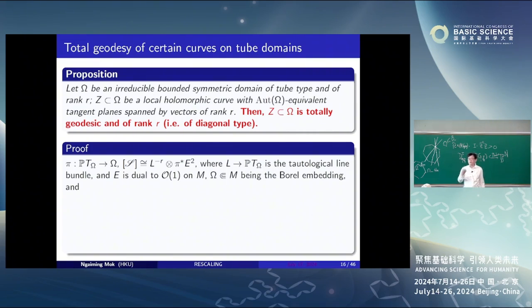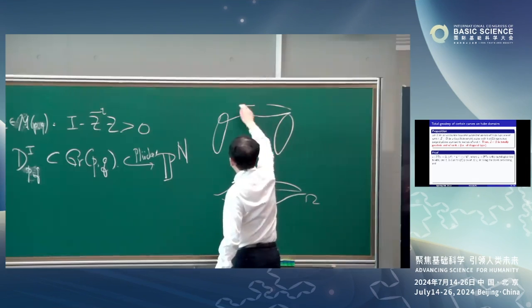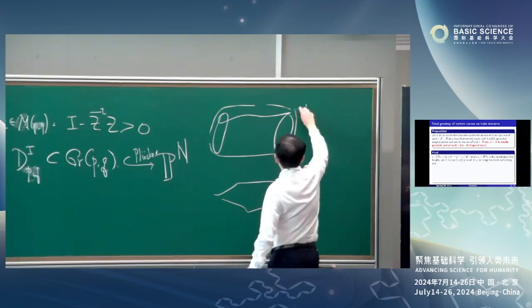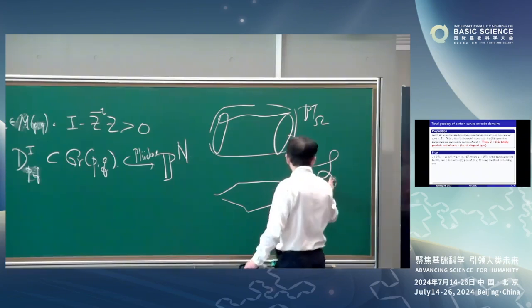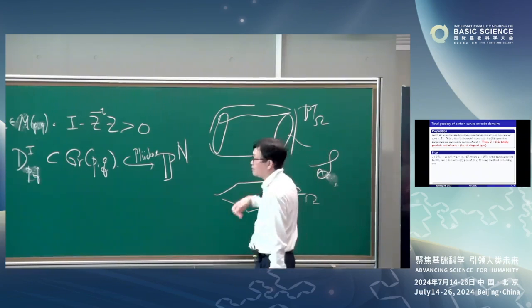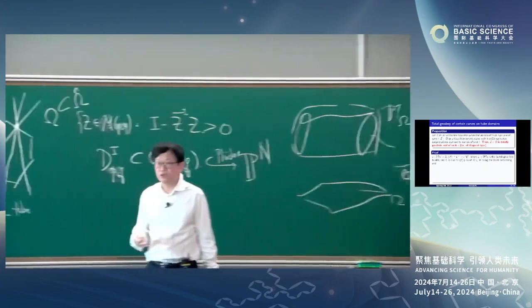So the vanishing of the determinant defines a hypersurface in the projective tangent space. Therefore, suppose I have this domain omega over here, then you can draw a certain hypersurface living inside the PT omega. I would call this S. So this S is a hypersurface. It carries a certain homogeneous metric.